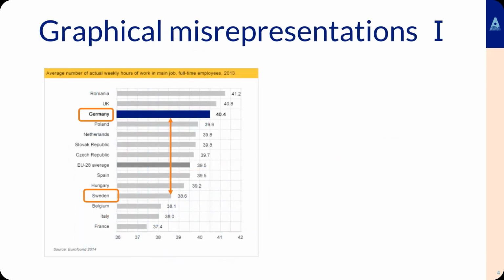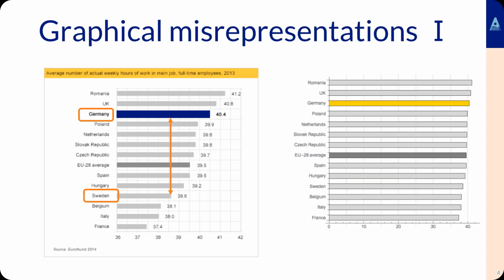So graphs can be used not only to represent data, but to misrepresent data if not interpreted correctly. Here we've got the average number of actual weekly hours of work in a number of EU countries. You can see in this chart that there are quite noticeable differences between each country. For example, between Germany and Sweden, there's quite a large difference in weekly hours.